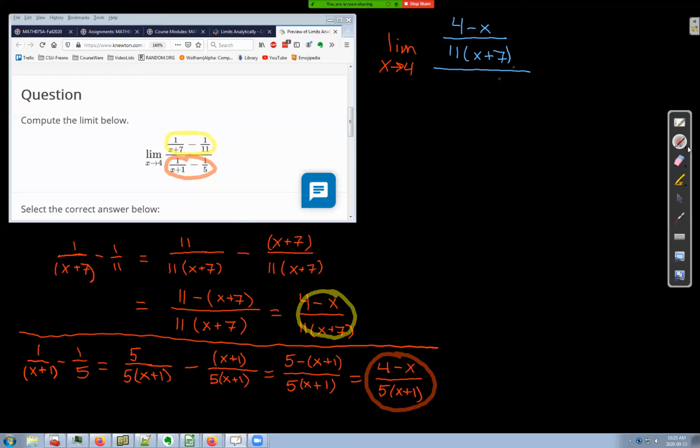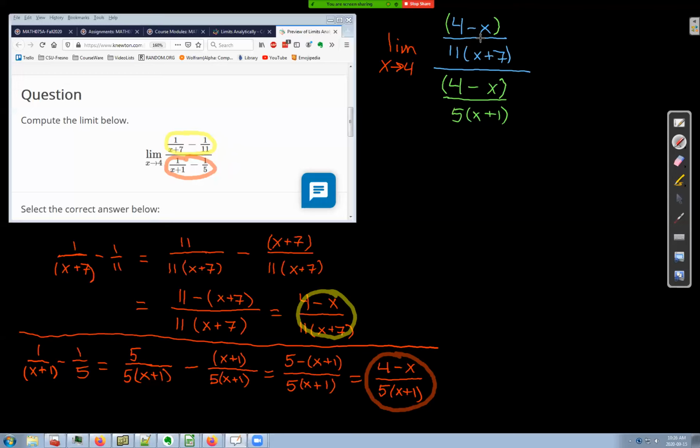And then the denominator is 4 minus x divided by 5 times x plus 1. And you remember how I talked about the invisible parentheses? I'm just going to put those invisible parentheses there just for emphasis. You don't really need them, but they might be important. So let's put them there.